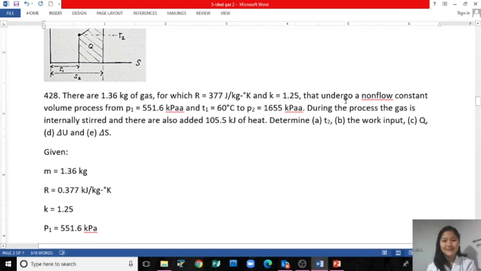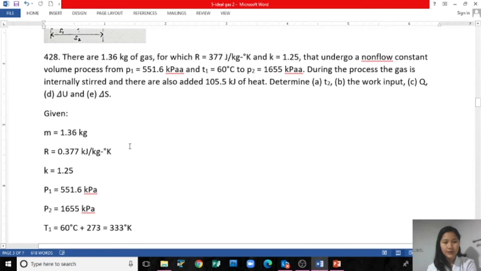During the process, the gas is internally stirred, and there are also added 105.5 kilojoules of heat. Determine A, the T2; B, the work input; C, the Q, or the transferred heat; D, the delta U, or the change in the internal energy; and E, the delta S, or the entropy.